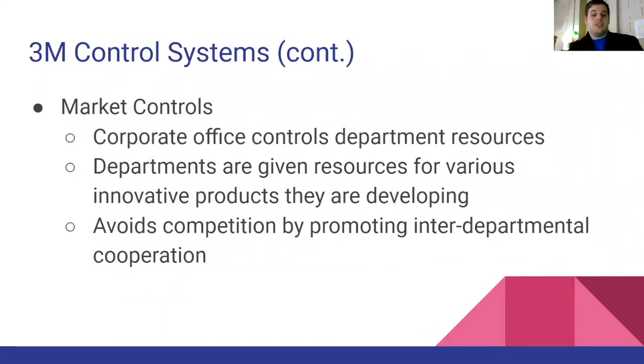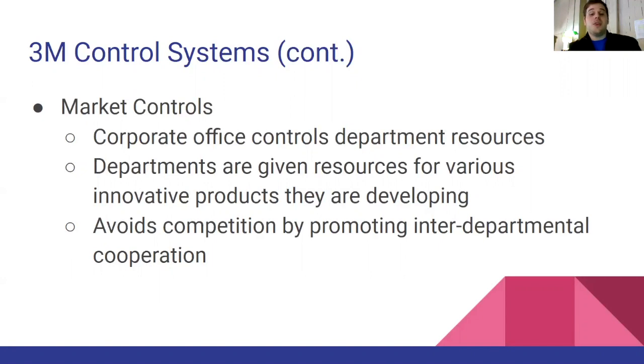With market controls, 3M's corporate offices act as sort of a central company bank. They control funding and resources given to the various departments. And departments may be given more or less resources and funding if they continue to create more or less new and innovative products. And this can be a problem, as I said before, as it can create excess competition between different departments for funding and other resources.